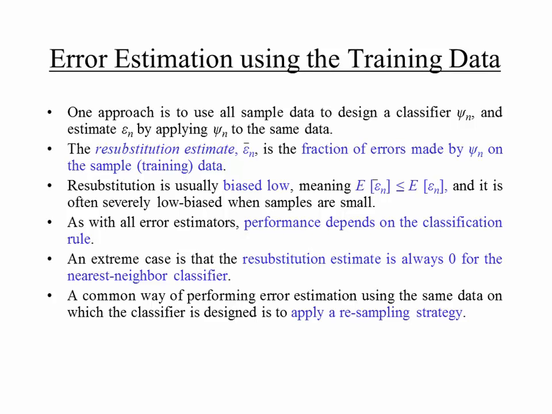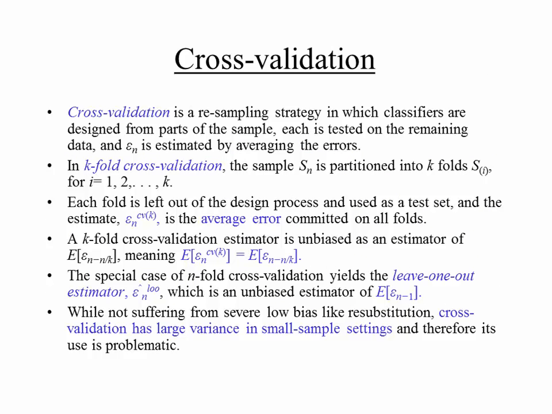Now, a common way of performing error estimation using the same data on which the classifier is designed is to apply what is called a resampling strategy. You might leave out some of the data and use that to do the test. Cross-validation is a resampling strategy in which the classifiers are designed from parts of the sample and each is tested on the remaining data, and the error estimate is obtained by averaging the errors.